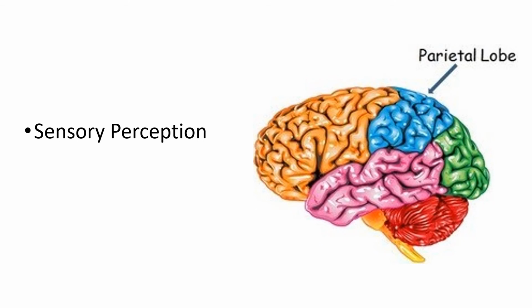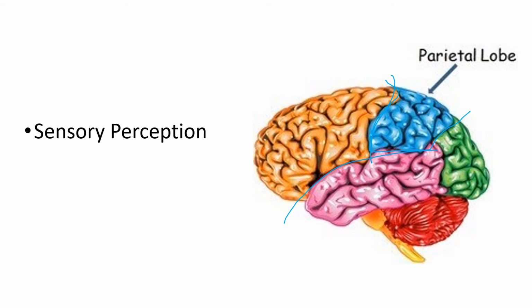Alright, the parietal lobe. The parietal lobe is this nice blue region, separated again by the lateral and central sulci. It receives and interprets sensations, so sensory perception, from the skin, muscle, and the viscera.